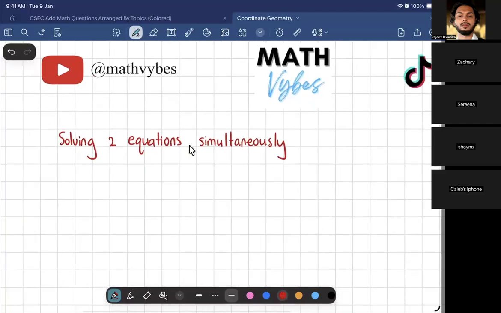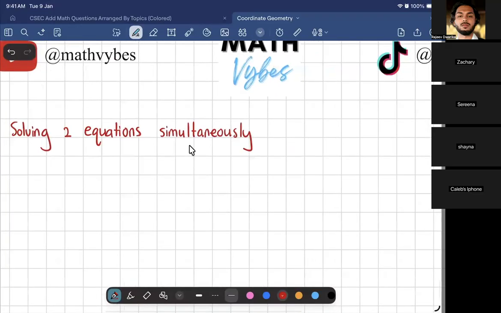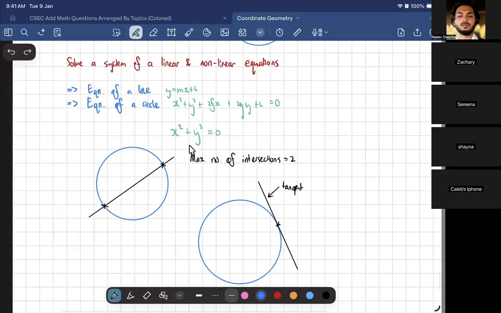Could anybody tell me? Anytime you solve a pair of equations simultaneously, what are you finding graphically? Does anybody know? You find 5 points, sir? Not just any point. This is like a little hint.